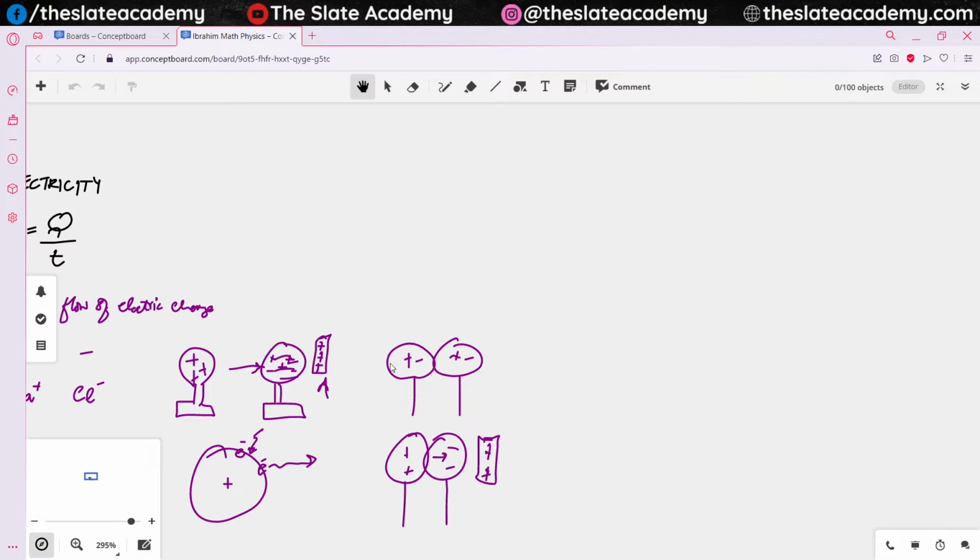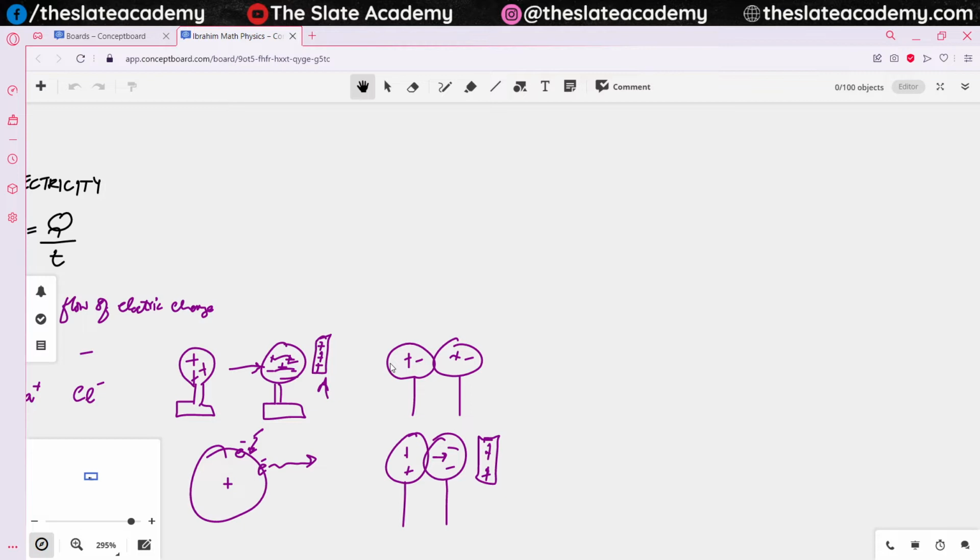The electrons that were delocalized in both these metallic balls would shift towards the right ball. So if the majority of the electrons are shifting towards the right ball, it would give the right ball a negative charge, right? And the left ball would have a positive charge.